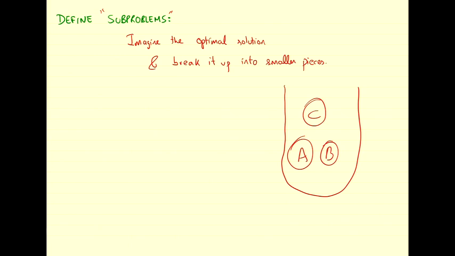This is the optimal knapsack solution. It has some items and some weights and values. If I take out an element from here, say, suppose A is part of it.